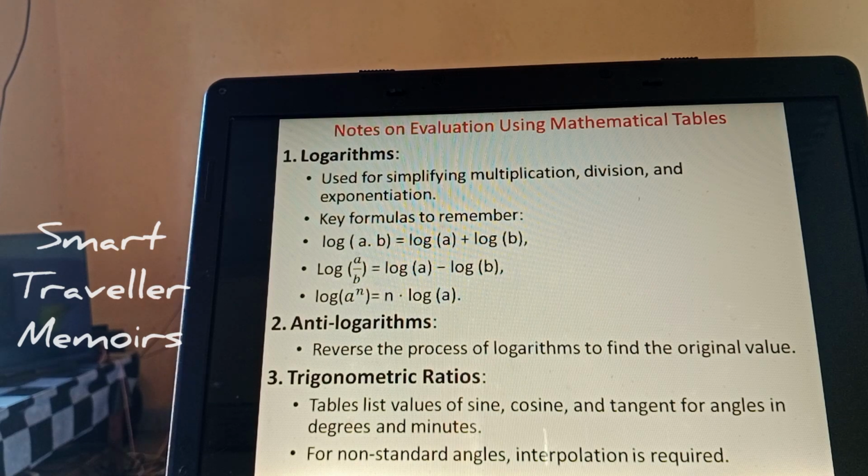Logarithms are used for simplifying multiplication, division, and exponentiation.